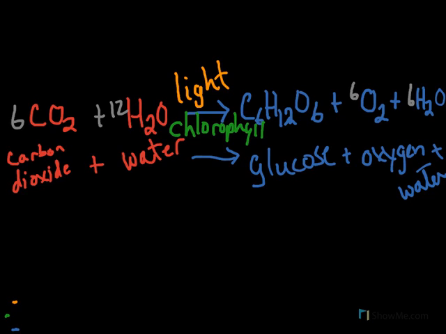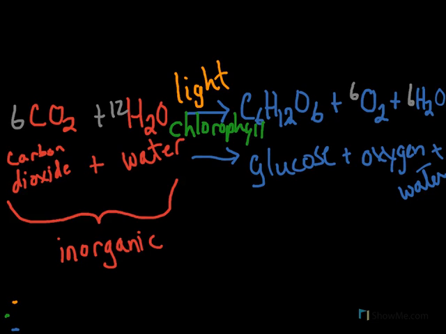And there's some other things we should know about this: carbon dioxide and water are what's considered inorganic. Inorganic molecules, remember, do not have both carbon and hydrogen. They can have either one, but not both. So carbon dioxide is inorganic, so is water.